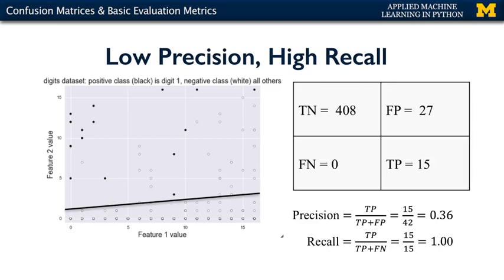However, this also comes with a cost, since the number of false positives, things that the detector triggers as possible tumors, for example, that are actually not, has gone up. So recall is a perfect 1.0 score, but the precision has dropped to 15 out of 42, or 0.36.